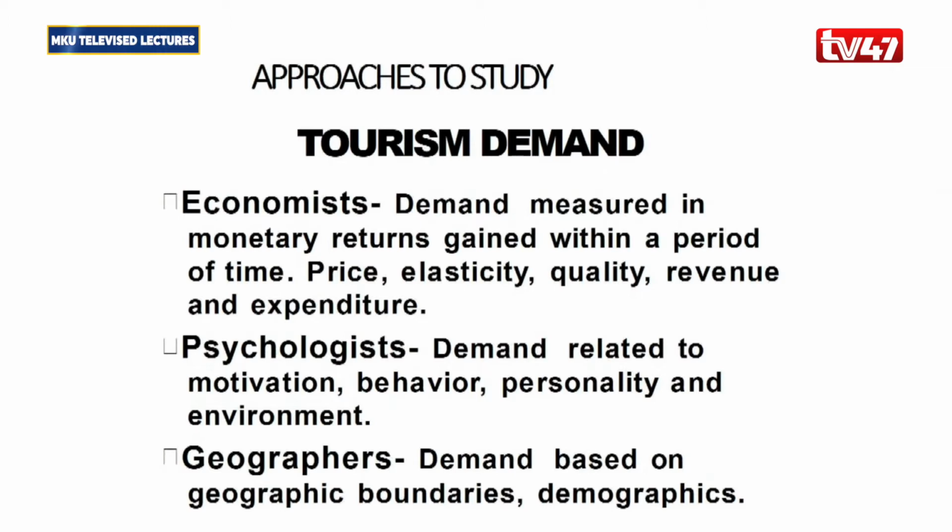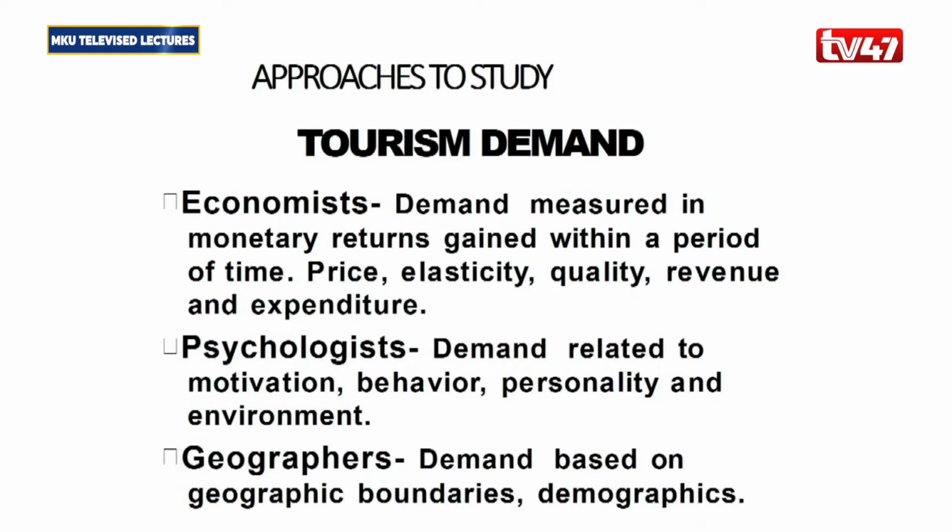Now, we have a number of ways in which tourism demand can be defined. Economists will look at tourism demand in terms of monetary returns gained over a period of time. To them, the most important things are price, elasticity, quality, revenue, and expenditure.